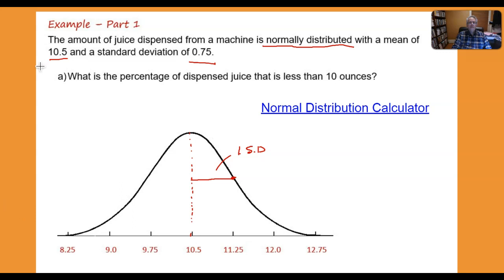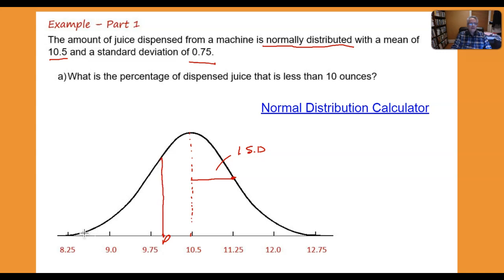Now, we want to find what percentage of dispensed juice is less than 10 ounces. So the juice machine dispenses juice, and on average it's 10.5 ounces, but what's the probability that it's 10 or less? This is how we use the normal curve. 10 would be about right here on the x-axis, and I'm going to draw a line up to the curve.